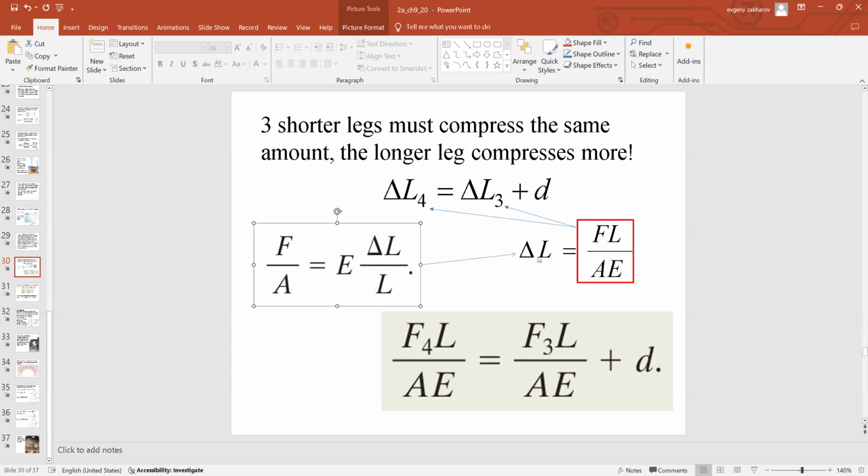And from here, you solve for the strain, you solve for the elongation, replace the values for elongation as an expression coming from this Young's modulus definition, and you end up with this equation. So balance of forces plus the Young's modulus, boom, you can solve the wobbly table problem right away.